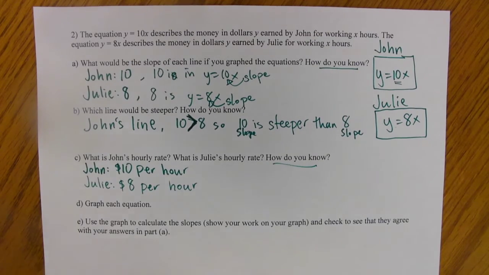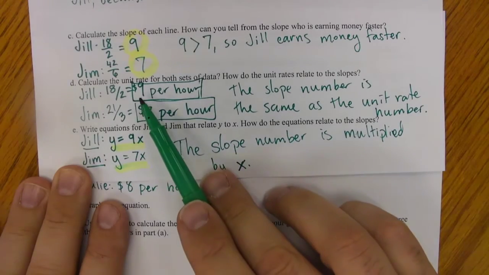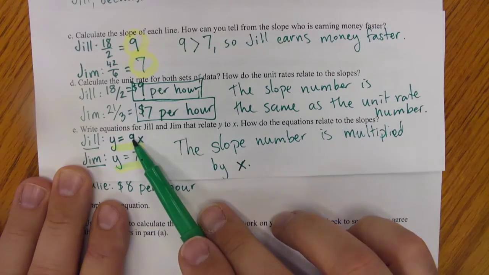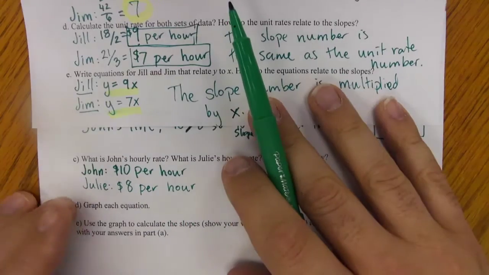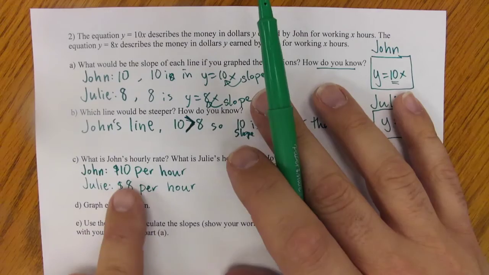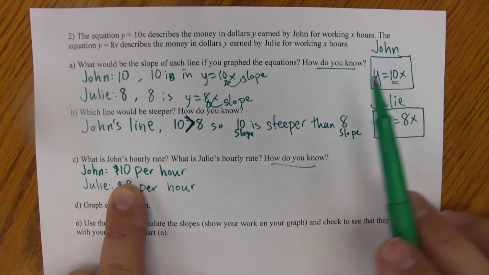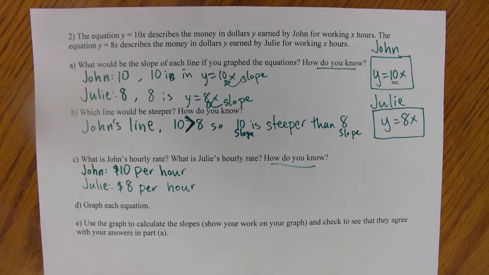Okay, so to summarize what the student said, we learned that the number for the slope, the number in the equation, and the number in the unit rate were all the same. So we know that John makes $10 per hour because it's y equals 10x for John's equation, and John has a slope of 10. So John is making $10 per hour. Julie's making $8 per hour by the same argument.